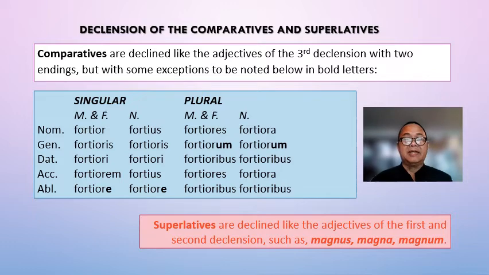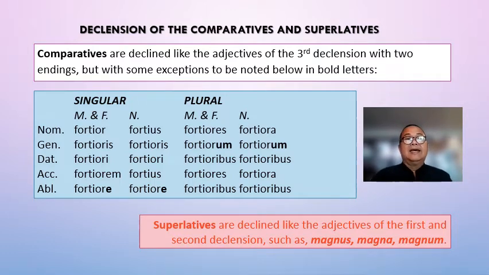You determine the number, gender, and case by the declension. So we give the different forms of the adjective, whether masculine, feminine, or neuter gender, and then singular or plural number, and then the five different cases: nominative, genitive, dative, accusative, ablative.